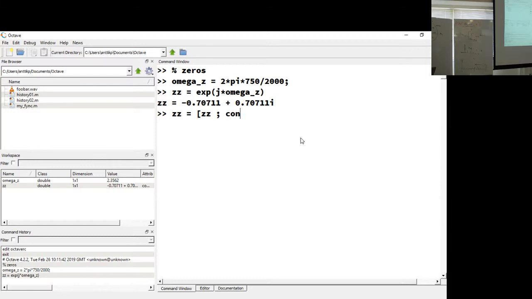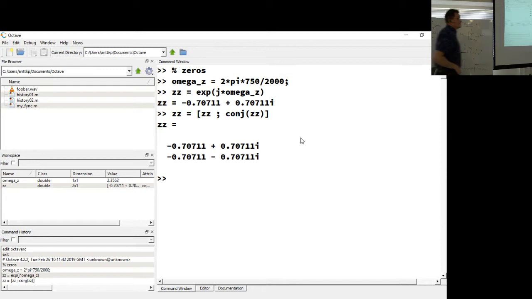And complex conjugate is simply conj of Z. And let's see what it looks like. Yeah, there we have the complex conjugate pair, plus and minus on the imaginary. Good, that's our zeros.